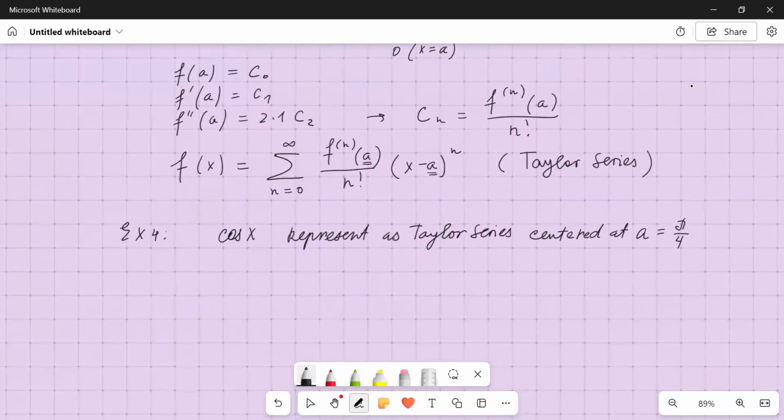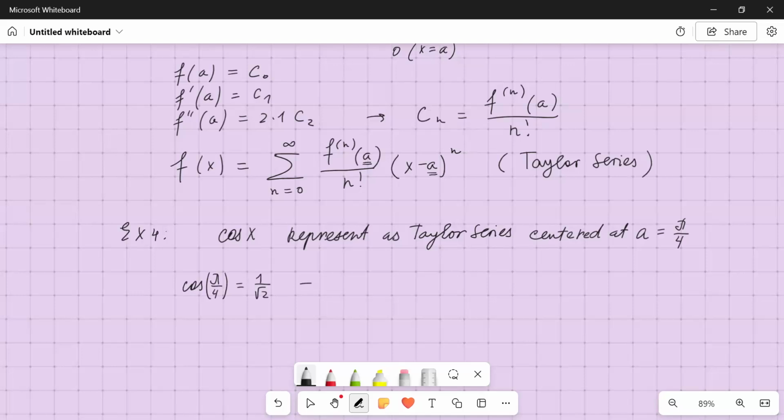Guys, we actually can try to use the general formula, but because cosine is going to give you all these different derivatives at pi over 4, maybe it makes sense to calculate the first few terms. So what do we do? Cosine of pi over 4 equals what? 1 over square root of 2, right?